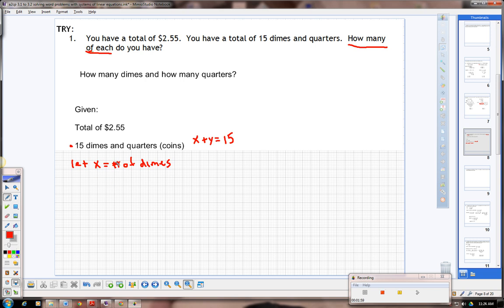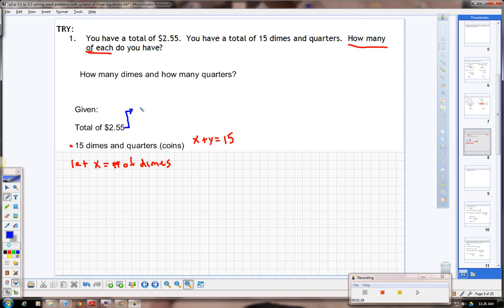Okay, but I have to define my variables as such. Now, with this equation up here, you have some implied knowledge. The implied knowledge here is that you know how much a dime is worth and how much a quarter is worth.